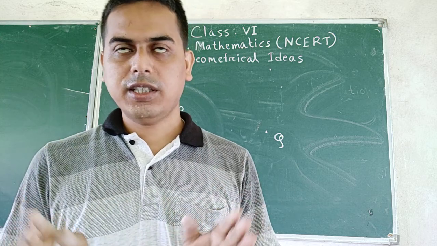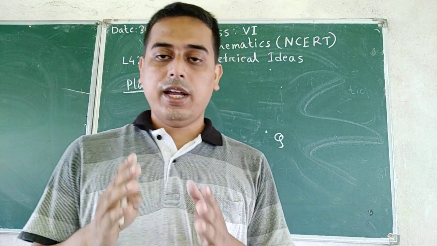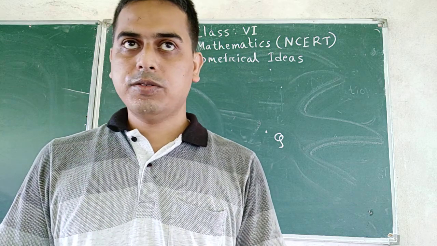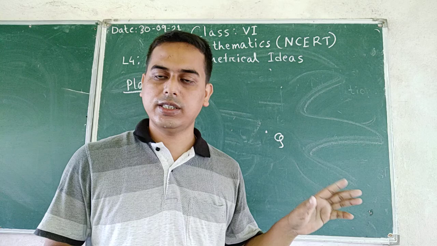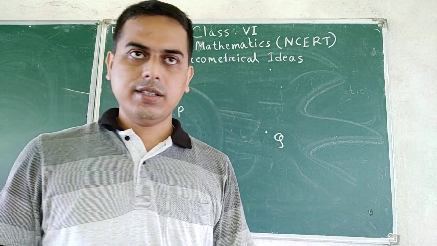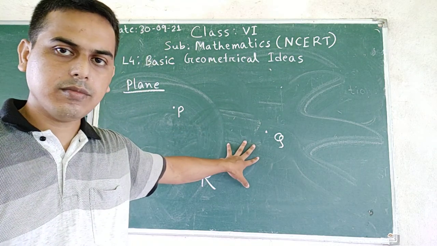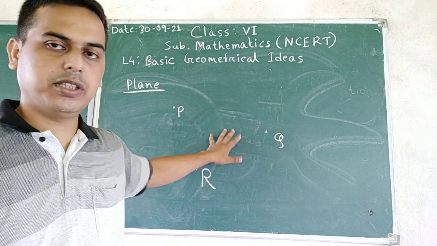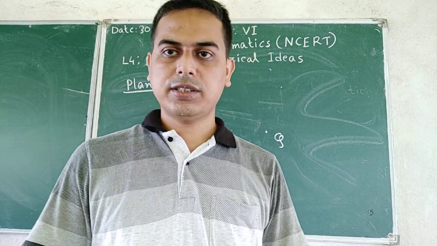A line we cannot measure. A ray is a part of a line which has one endpoint and extends only in one direction indefinitely. And then the plane surface, which we can name by taking 3 points. So these are a few concepts that I have discussed today.